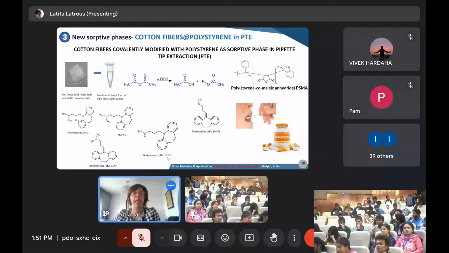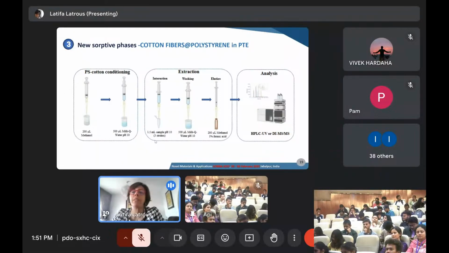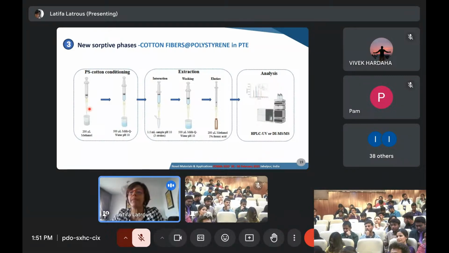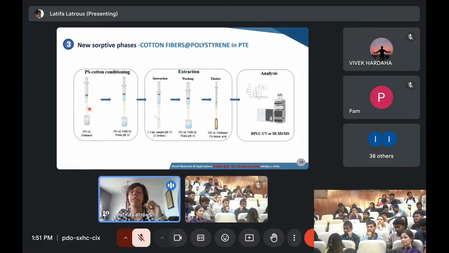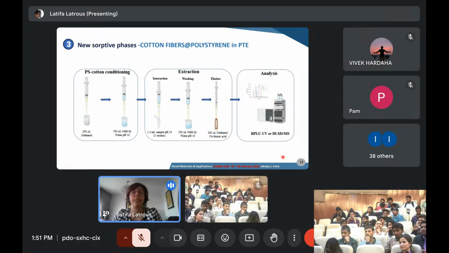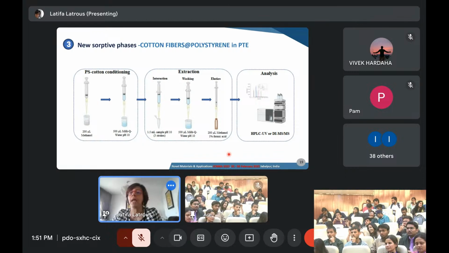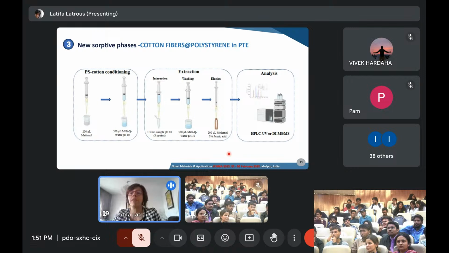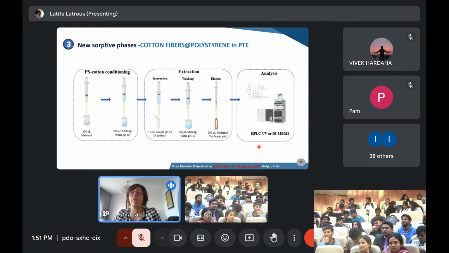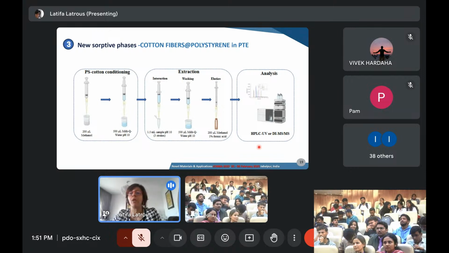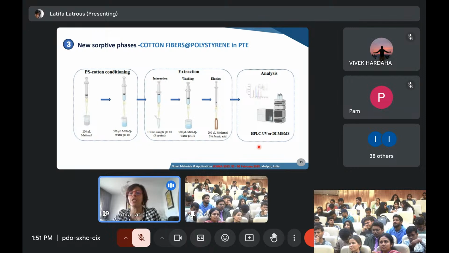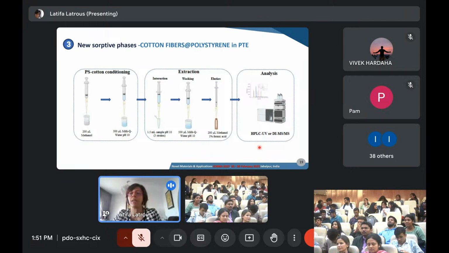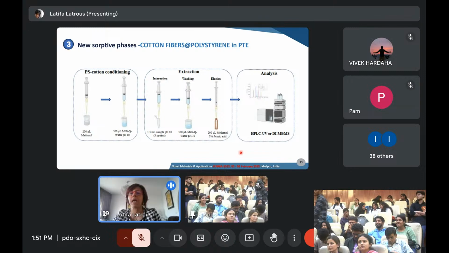The microextraction device consists of 100 microliter micropipettes. So we put 10 milligrams of cotton polystyrene in the micropipettes and we pack the 10 milligrams. The microextraction procedure followed the typical micro solid phase extraction, comprising conditioning, sample loading of the pre-treated sample using 3 aspiration cycles.